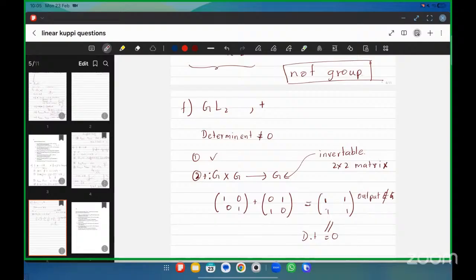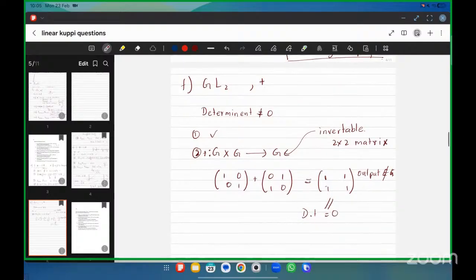So we are not getting the elements from the set. The output is not inside the set G; the output is outside of the set G. So we can say it is not closed. So the second condition is not satisfied, and we can say it is not a group.